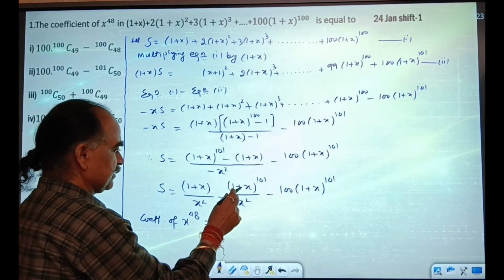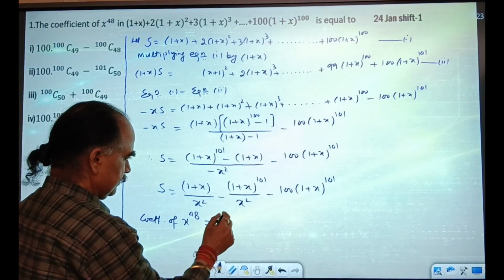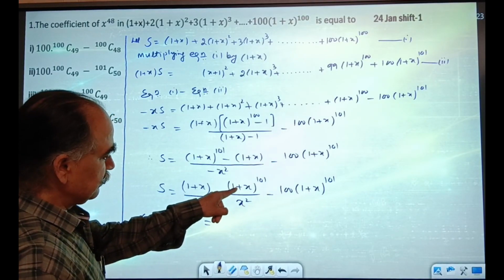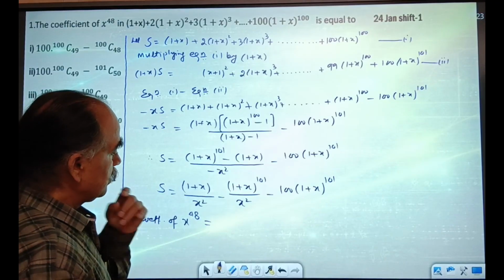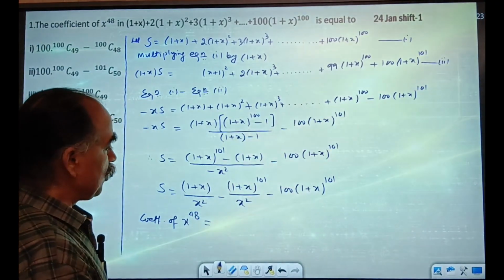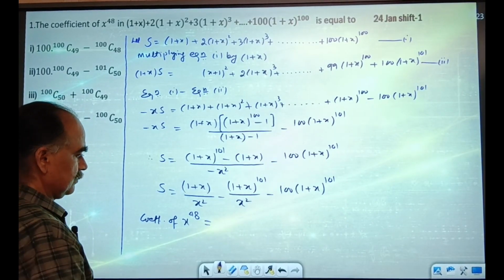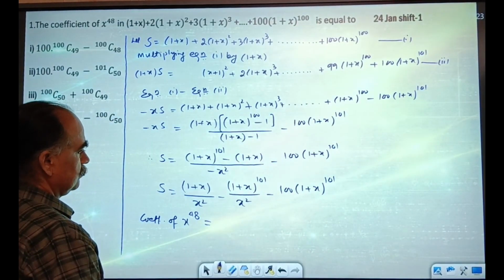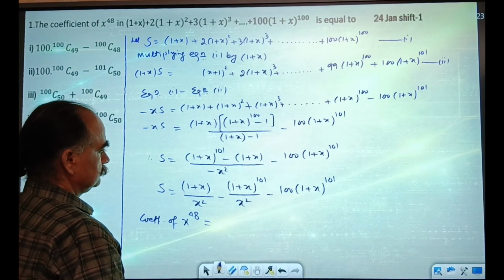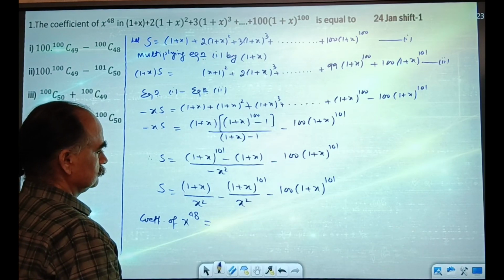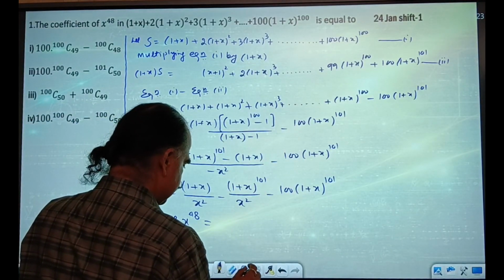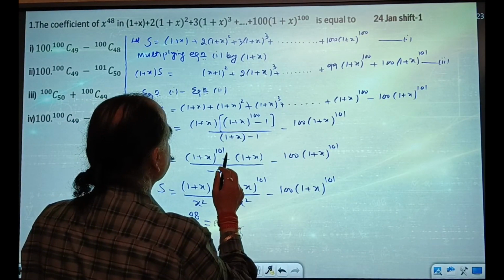The 49th term will contain t raised to 49. But upon x square is also there. One minute. Let me take this to be positive.